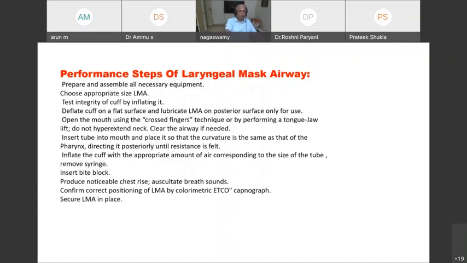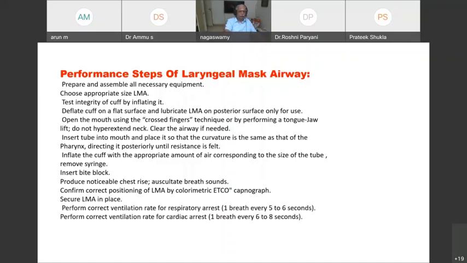Then once you confirm the position, secure the LMA in place and perform correct ventilation. For respiratory arrest, 1 breath every 5 to 6 seconds, and for cardiac arrest, 1 breath every 6 to 8 seconds. So you can use the LMA for both respiratory arrest as well as cardiac arrest. If it is cardiac arrest, you give a lesser number of breaths because you want time for cardiac compression also.